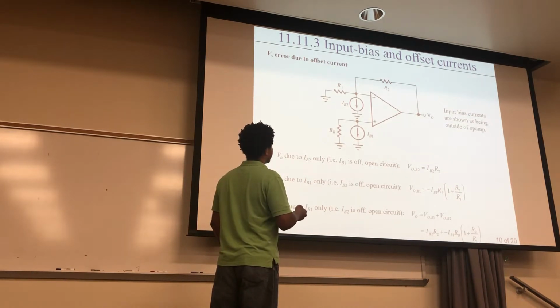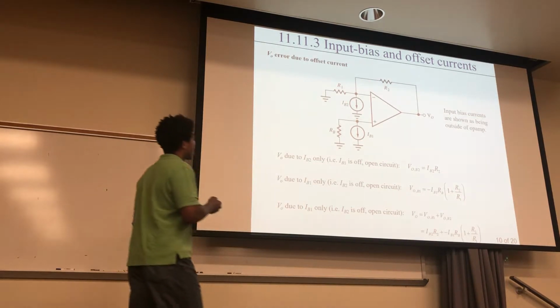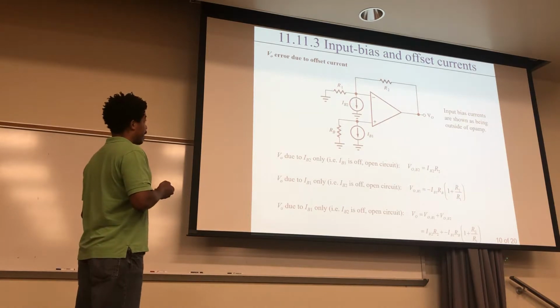So this voltage out here is only due to this current going through R2. The reason is that this is ground and that is ground, so there's no current going through R1.